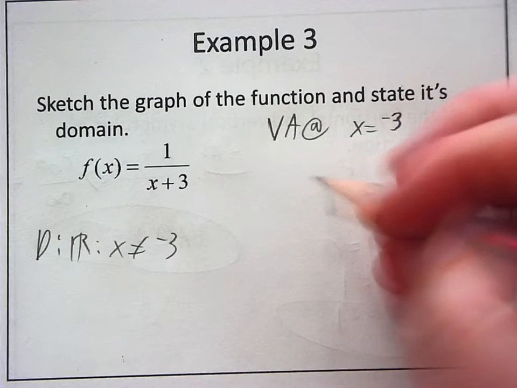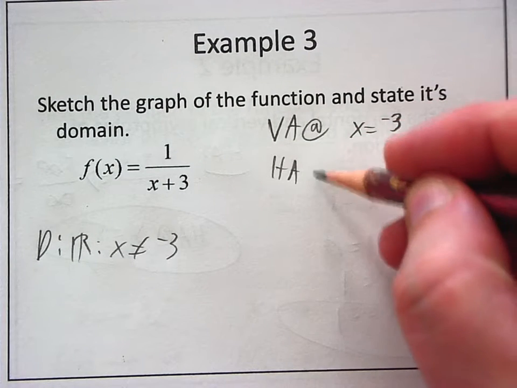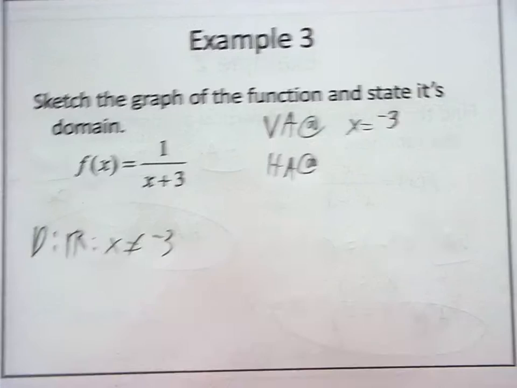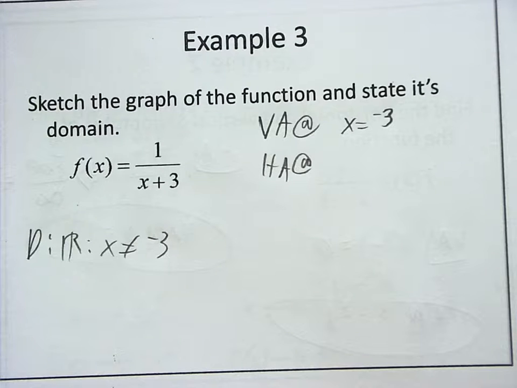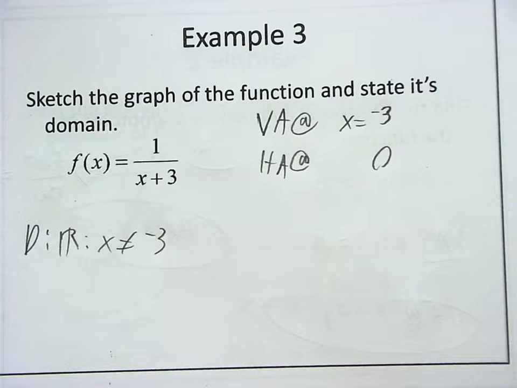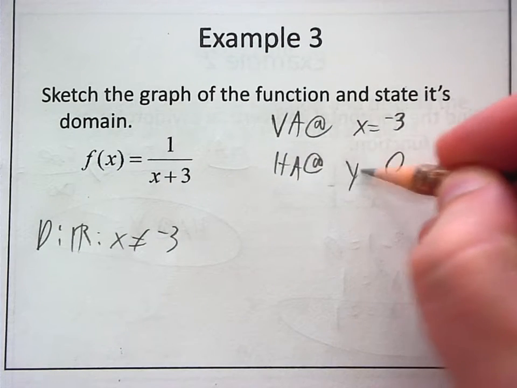So the horizontal asymptote, how would I find the horizontal asymptote, or what would it be in this case? 0. Why? Because 1 over infinity is an infinitesimal. Okay. So my answer is just 0? Y equals 0. Because it doesn't need to be a line.